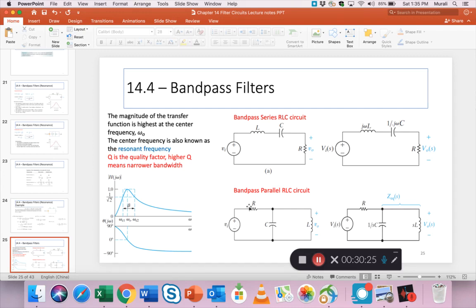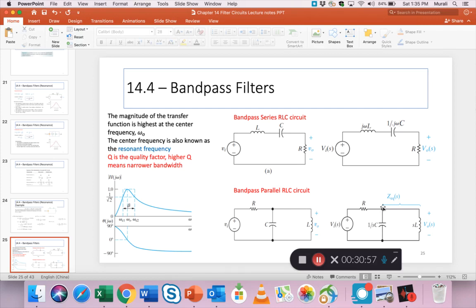You might argue that it's a little bit series and parallel, but if you convert this to a current source, then it becomes a true parallel. So that's why we call it parallel. In this parallel RLC circuit, we take the output across this combination of C and L. Only then will this be called a band pass filter.